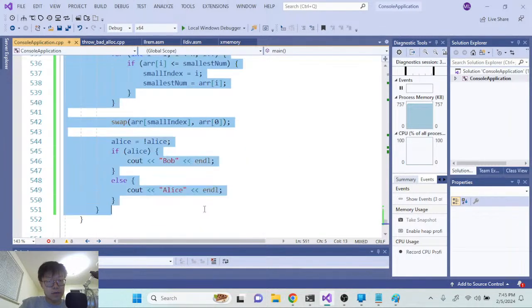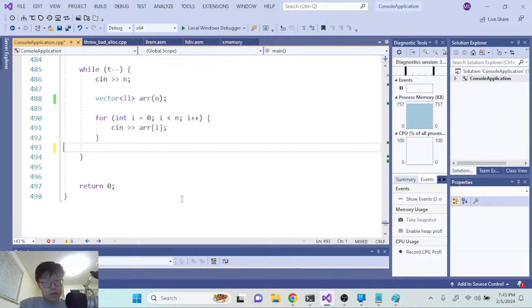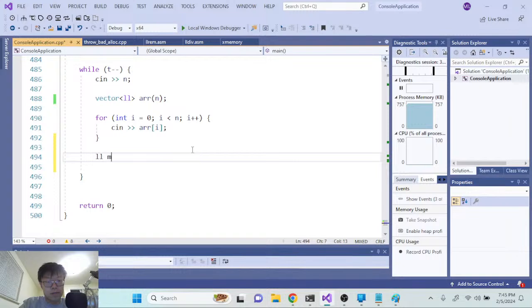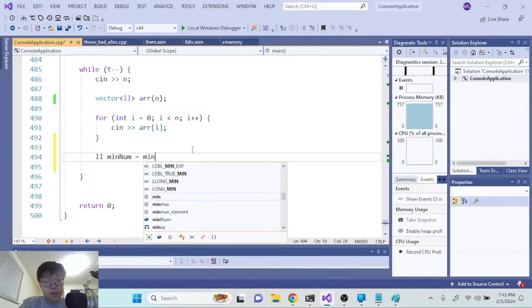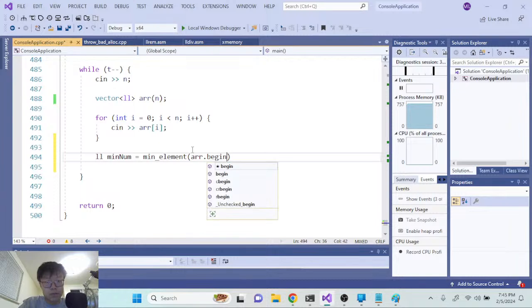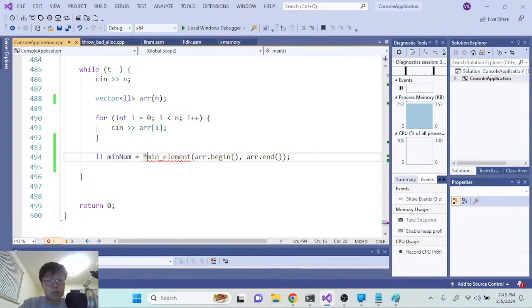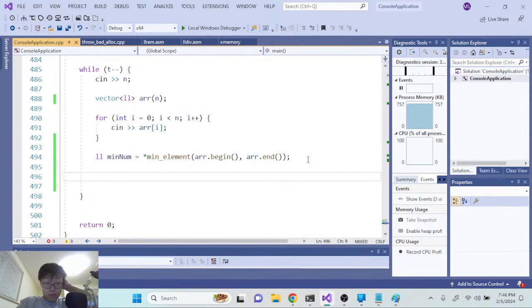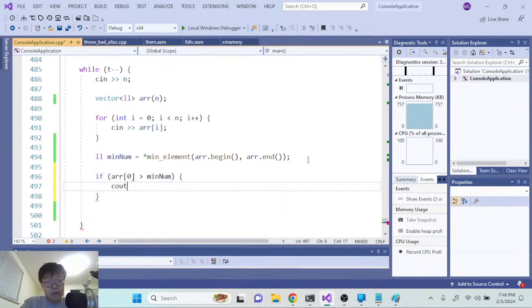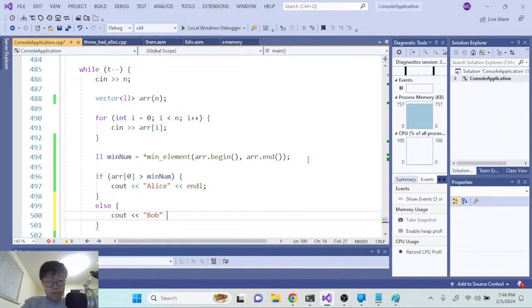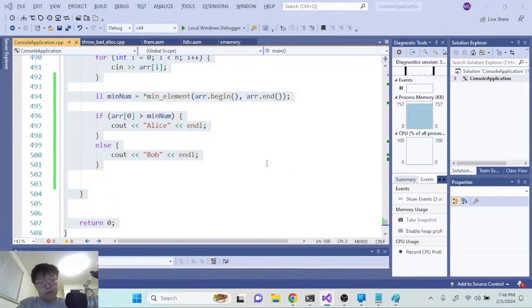I don't think that's right though. Okay, so they said let's get the minimum number. Min num is gonna equal to, so you could do this way to get the min num if you want to loop through the whole thing. And you just do star this. A1 is greater than min num. Alice wins. I don't think this makes sense.